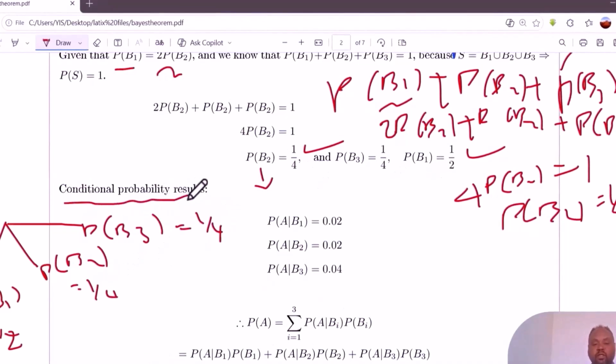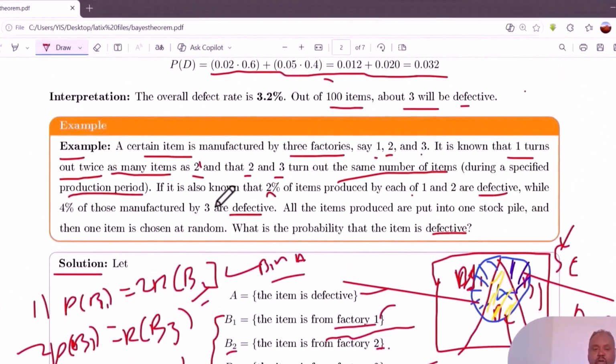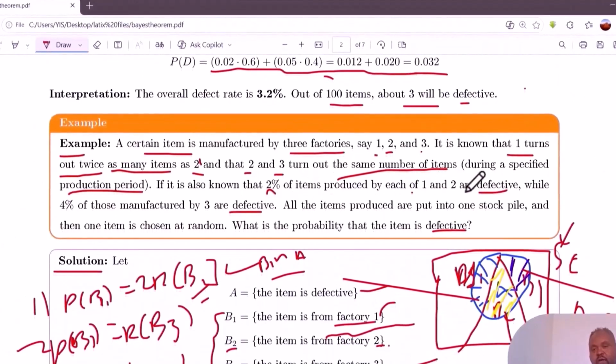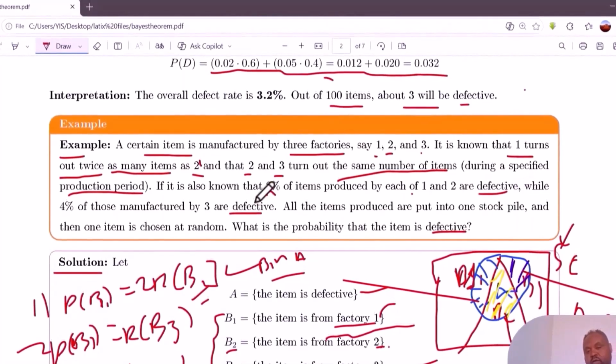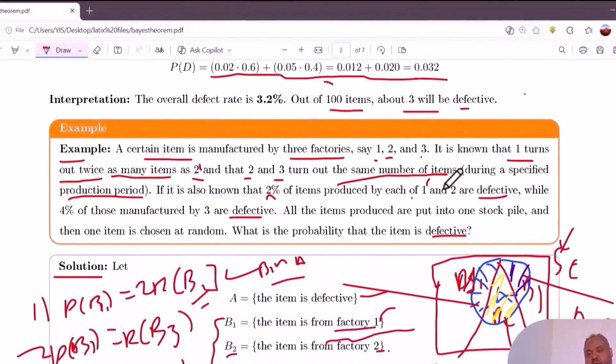The defective rate given each partition, or each machine, is all about conditional probability. The probability of a defective item from machine 1 is 0.02, which is given here. It is also known that 2% of items produced by each of machines 1 and 2 are defective. The defective rate of machine 1 is 2%, and the defective rate of machine 2 is 2%.